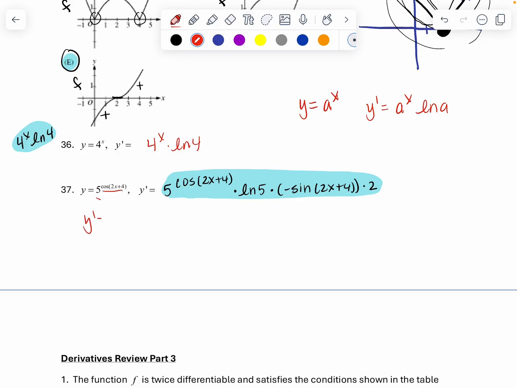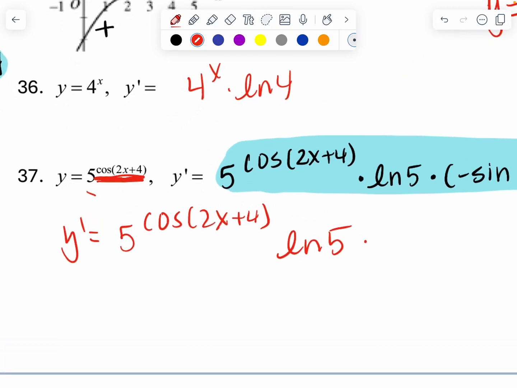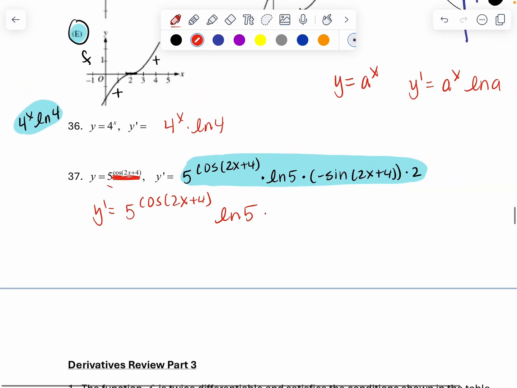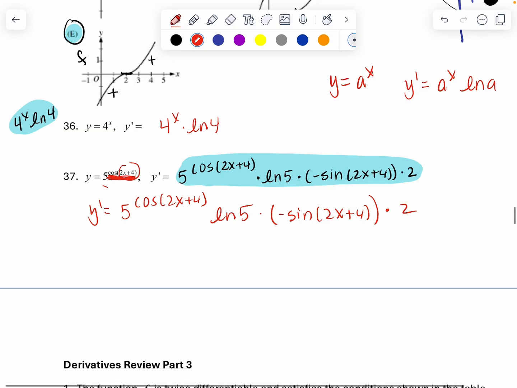So y prime is going to be 5 to the cosine of 2x plus 4 times the ln of 5, and then times the derivative of this. The derivative of cosine of something is negative sine of that something, and then times the derivative of 2x plus 4, which is 2. And that's why we get this crazy little answer up there.